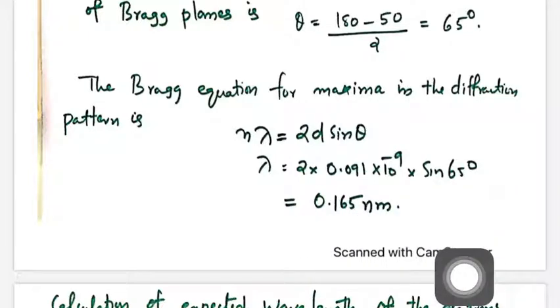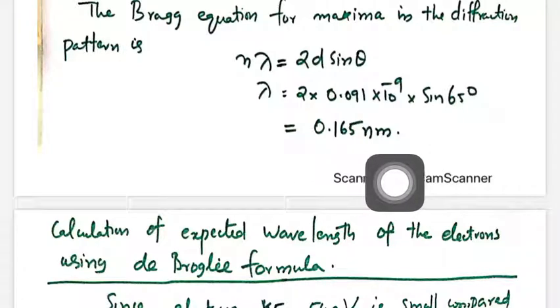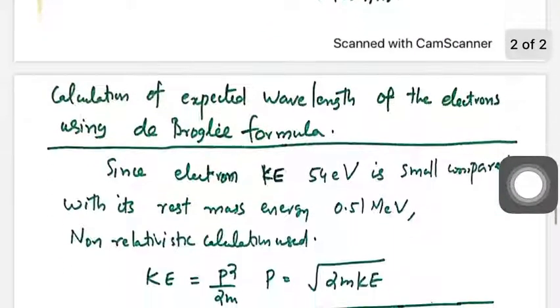So if we use Bragg's equation for the diffraction maxima, we get the wavelength of the wave associated with the electron as 0.165 nanometer.